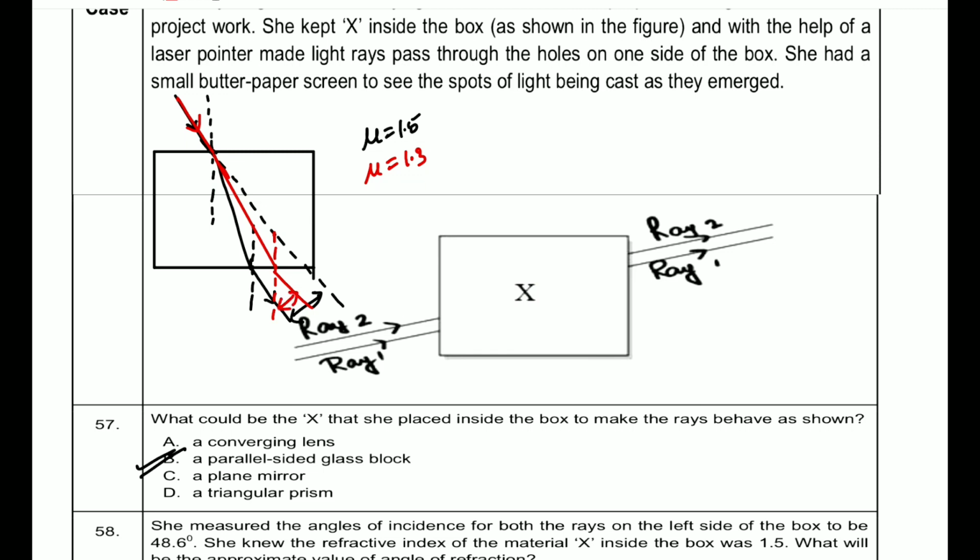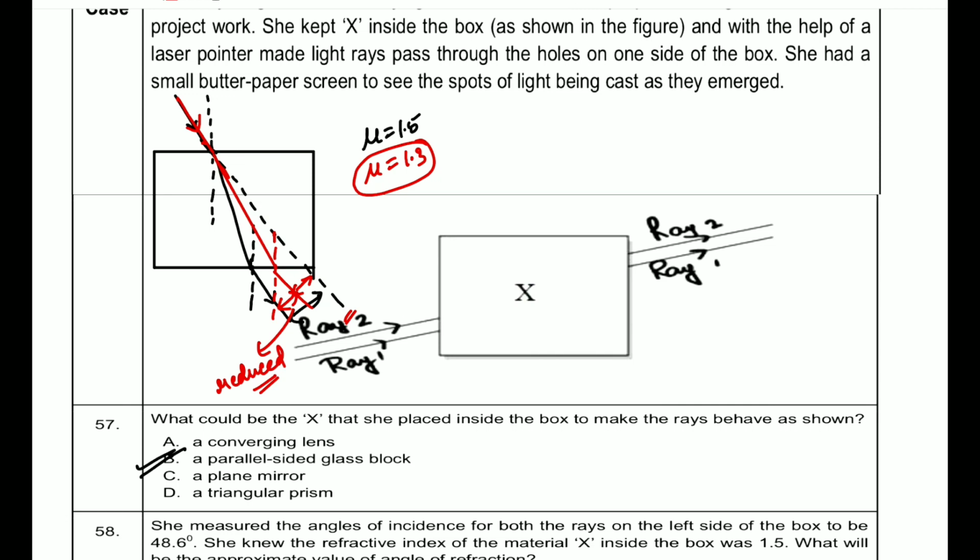Can you see the shift has been reduced as compared to the first case? The shift is reduced when I reduce the refractive index of the glass. If I reduce it further, the ray will actually come on its own way.